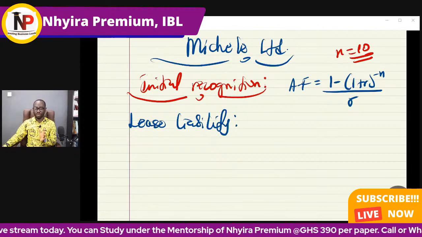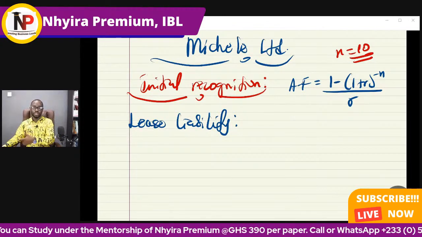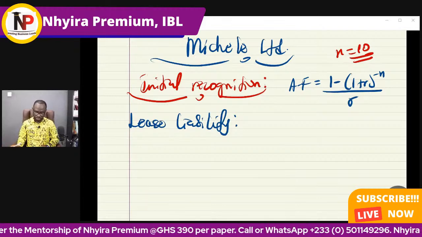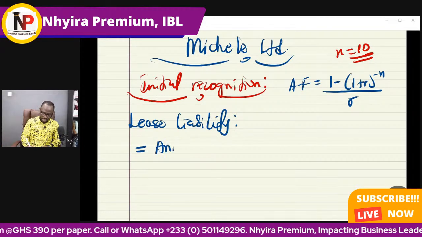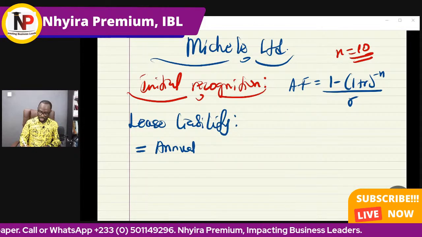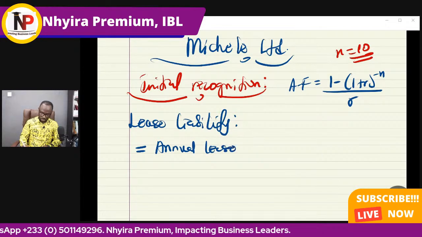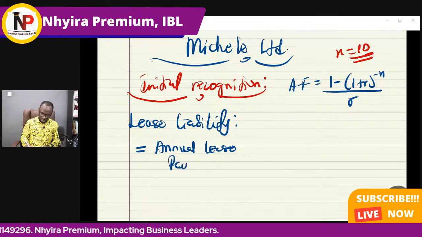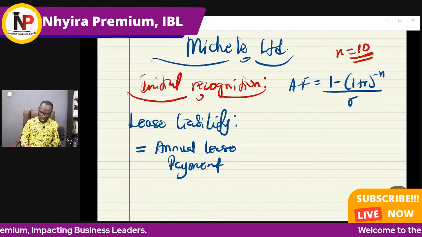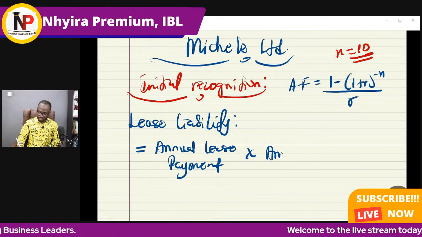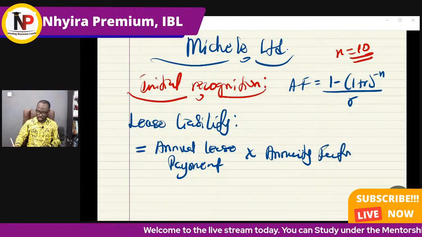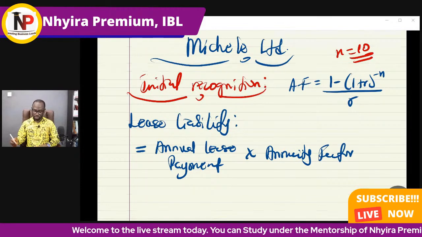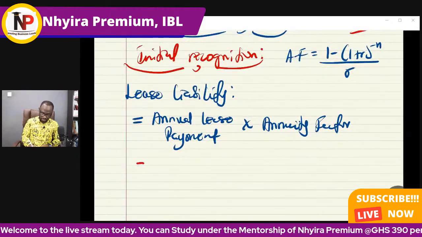Unlike yesterday where we used 9, this time around we will be using 10 to calculate the annuity factor. So to get the lease liability, that is going to be the annual lease payment multiplied by the annuity factor.